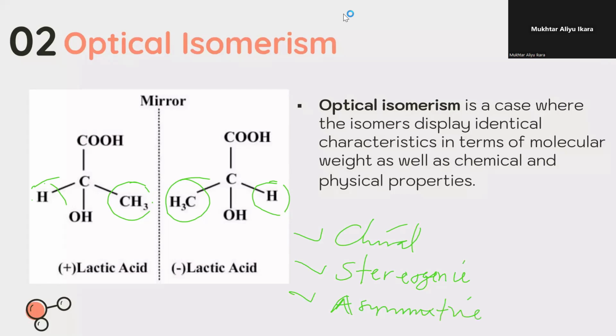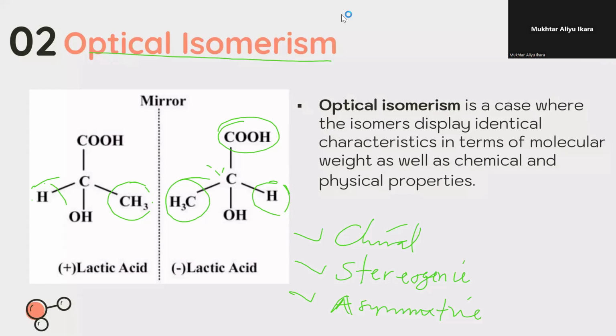Of course, if you look at this, it is a chiral carbon, because this group here is CH3, this is hydrogen, this is OH and this is CH3. The number of groups attached to this carbon is 4, and they are all different. They are not the same. So any compound that has this type of carbon is said to undergo optical isomerism.